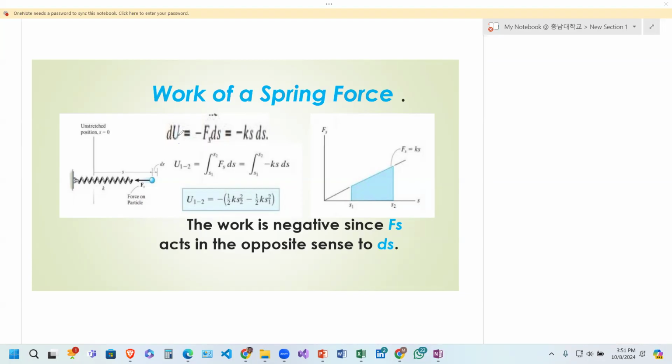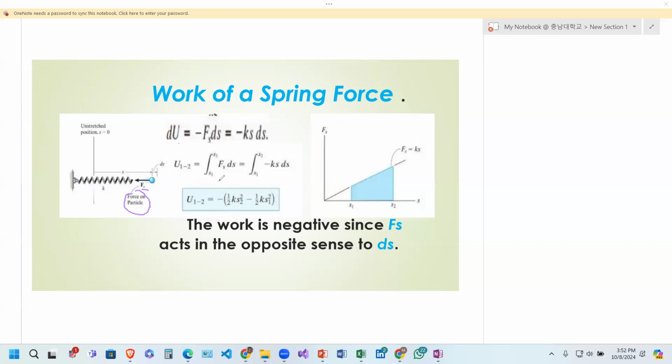So our work done, represented by U, is given by the force times the distance. But for a spring, the force is represented by the spring constant times the distance moved, then ds. So let's consider the position at s equal to 0, with this particle having a force constant k, and this is the force Fs on the particle.